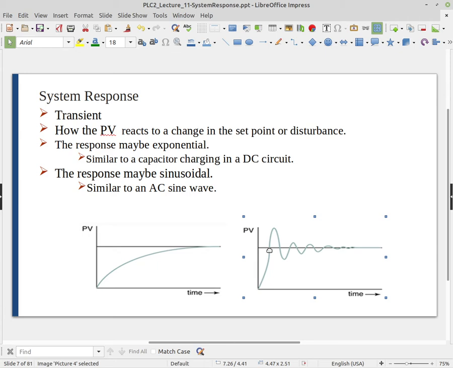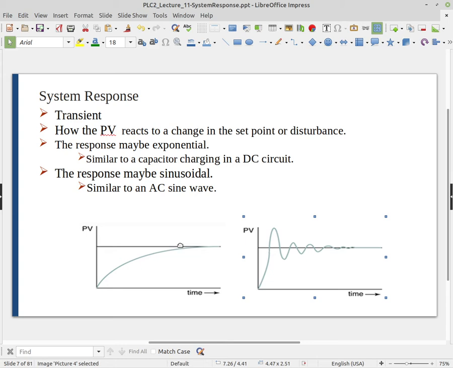Now in the second example here, we actually see some oscillations. What's happening is the system is responding very, very fast, and it's actually overshooting the new set point, and then it's overreacting and bringing it down below the new set point, and then it's going above the set point again and then back below until finally it settles out to the set point.